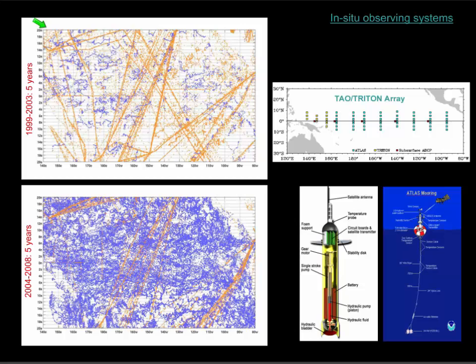So over 5 years, this is all we had. 5 relatively recent years, 1999 to 2003, orange ship tracks, and purple dots are some instruments that are expendable, that are thrown in the water and they drift with the ocean currents.